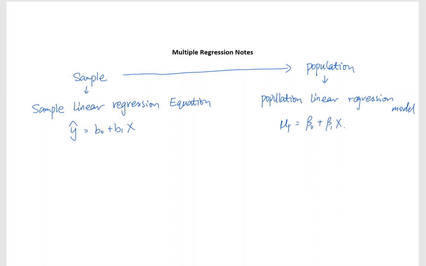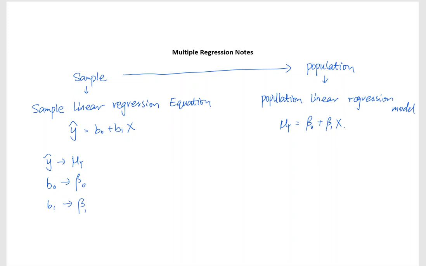So for this kind of analysis, we use y hat to estimate the population mean of y. We use the sample intercept to estimate the population intercept. Right, we use b1 to estimate the population slope.